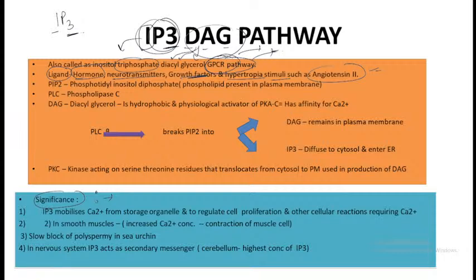Now see, I am taking very small chunks of information in every class. Why? Because first, to make things very easy for you, because we discussed what is GPCR in the previous class, and today we are going ahead with the first component of GPCR, which is the IP3-DAG pathway.